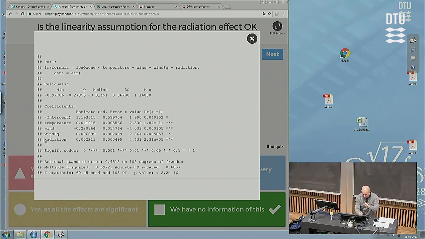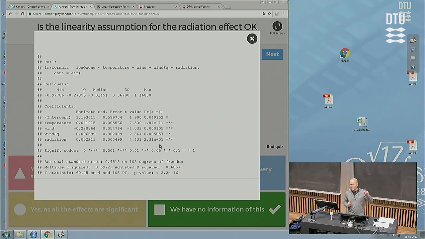So I'm asking about the linearity assumption for radiation here. No, that's an assumption in this model. I cannot check that assumption just by looking at the consequence of that assumption, right? I would have to go look at residual plots, or I would have to add the square of the radiation to the model.